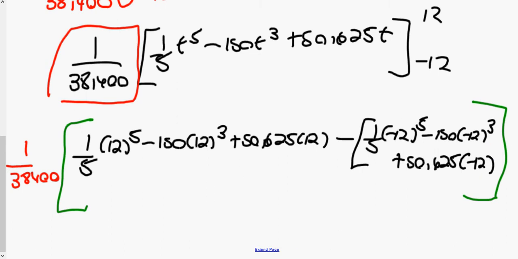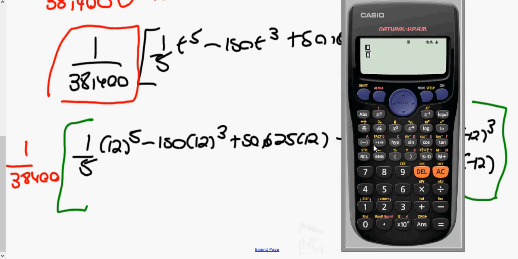Now, I'm going to have to put all this in the calculator. It's going to be very tricky, so it's going to be 1 over 5 times 12 to the 5, minus 150.